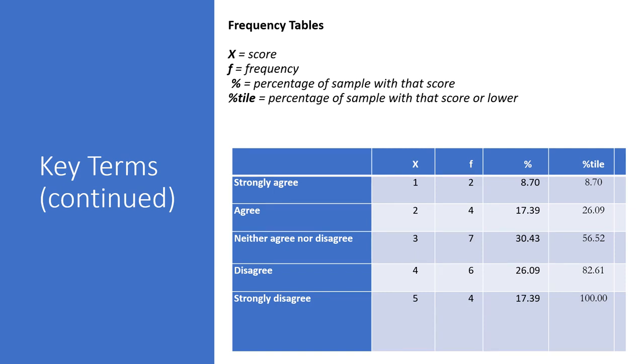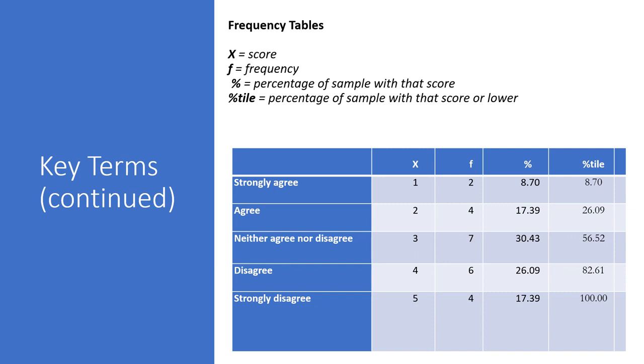And now we have the percent column and the percentile column. The percent column is the percentage of scores that are at a given value. So there are 2 1s, as I said, and counting up, I think we have 23 people in this distribution.